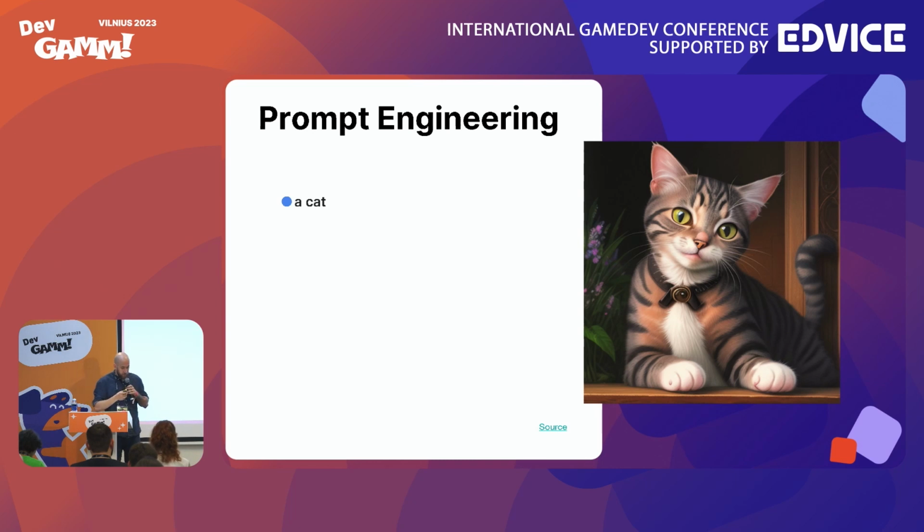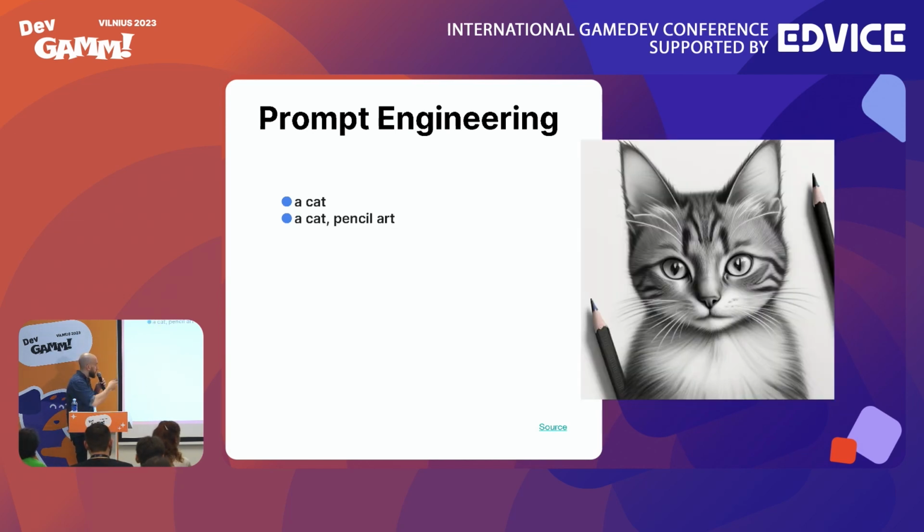The most important part when we are working with neural nets is prompt engineering. You want to describe what you want to get as a result. And here we can write a cat. And as a result, in a second, we have some image of a cat. But you can control style.